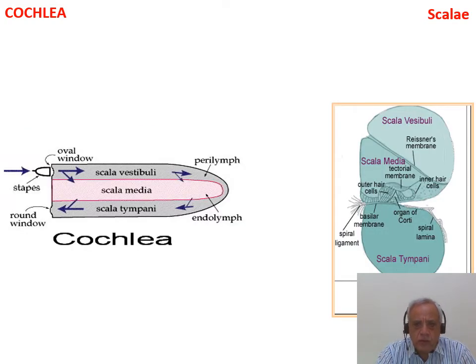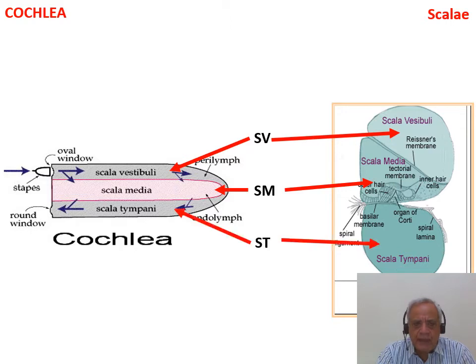Here again, to recapitulate, in the middle we have the scala media, or the membranous labyrinth, where there is the organ of Corti, the organ of hearing. Above the scala media is the scala vestibuli, starting at the oval window, and below is the scala tympani, which ends at the round window membrane. The scala vestibuli and the scala tympani communicate with each other.